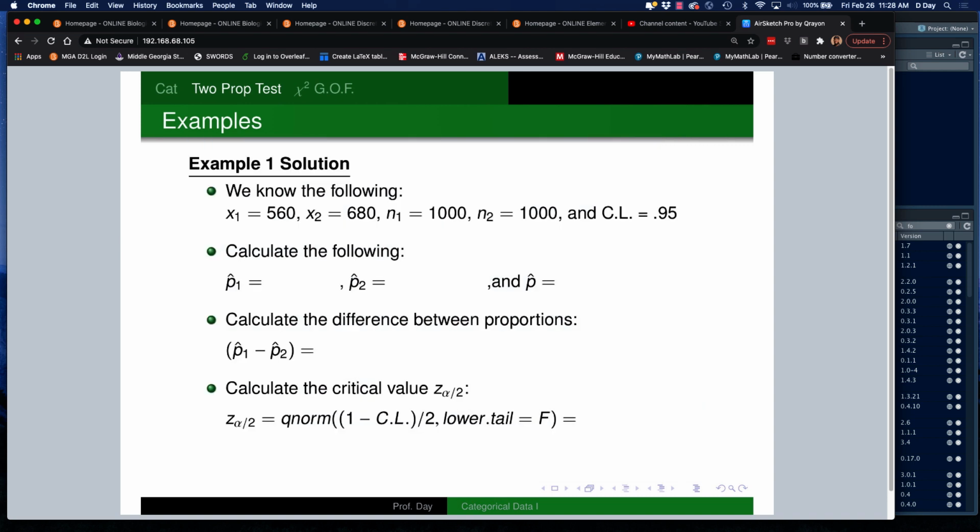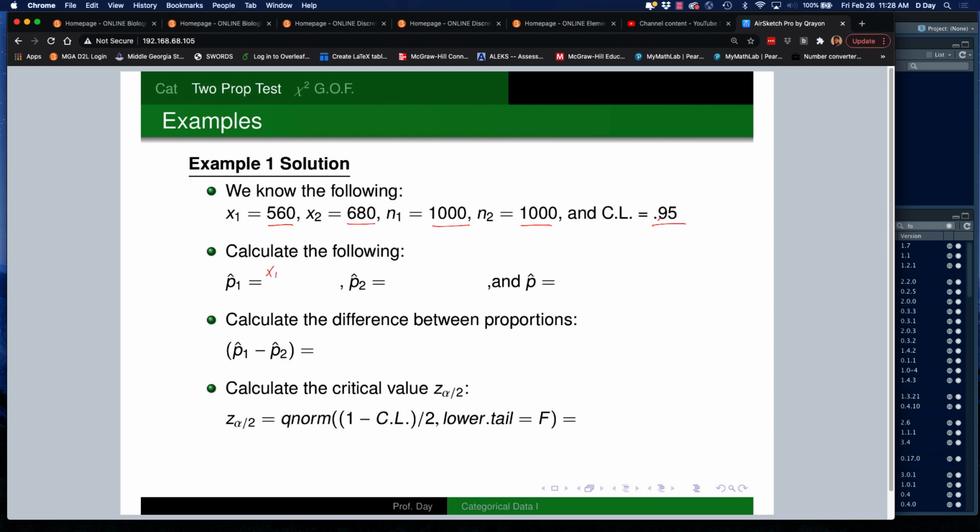So I've got my X1 is 560, X2 is 680, and my N1 and N2 are equivalent, both 1000 each, and we know we want to make a 95% confidence interval. So we need to construct P hat 1, P hat 2, and the pooled P hat value.